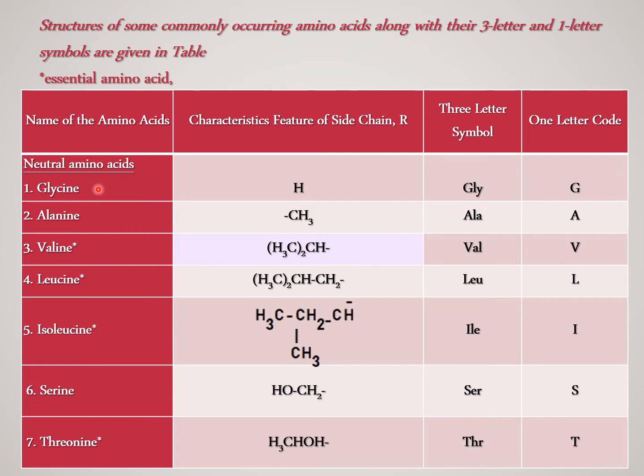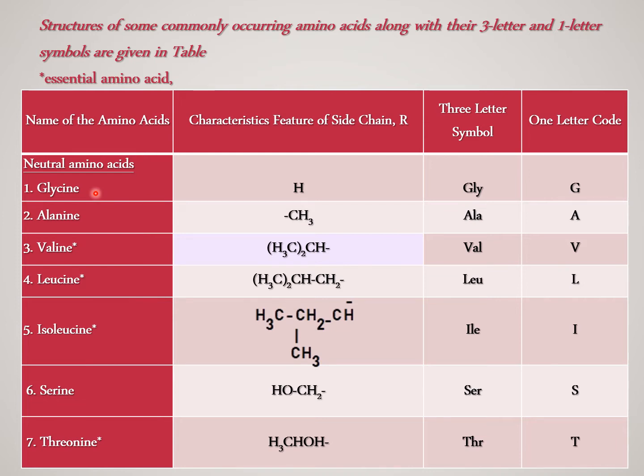Glycine. Glycine is very sweet to taste, and hence it has derived its name from the Greek word glycos, which means sweet. So that is why we give the name glycine to this amino acid, which has the R group as hydrogen.